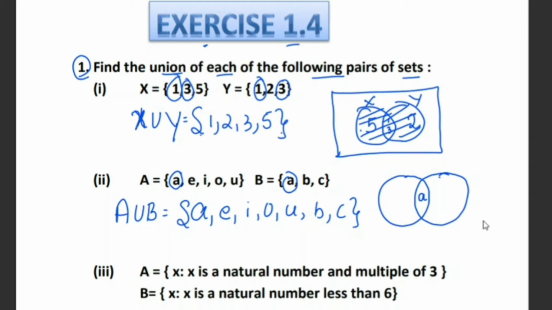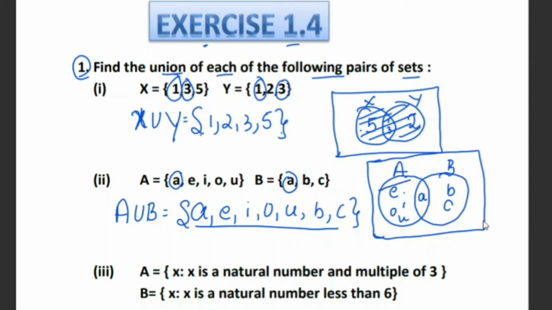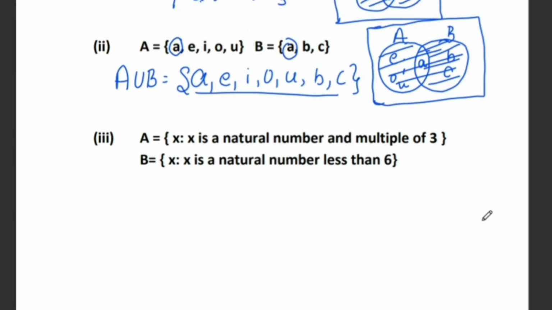Only A, and what are the sets? A and B. What is remaining? E, I, O, U in A, and here it is B, C. So don't forget to put it in a rectangle. So where should the shading be? What is your answer? Here. So shading where the answer is. Done. So this is how it looks. Next one.